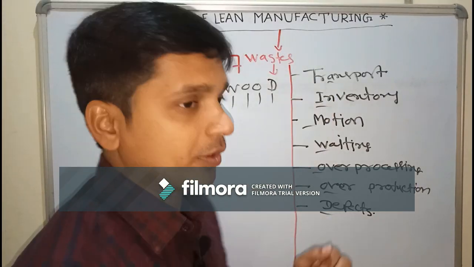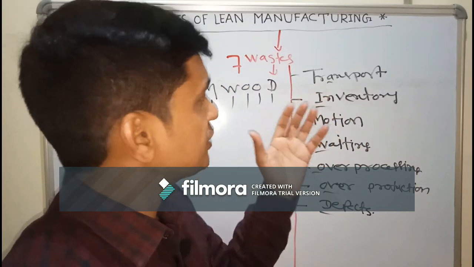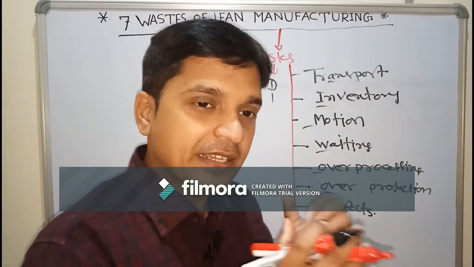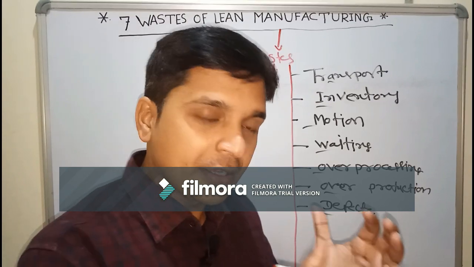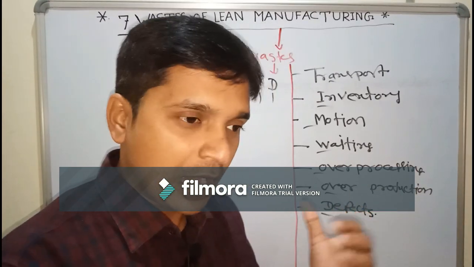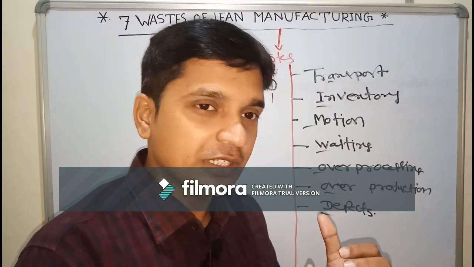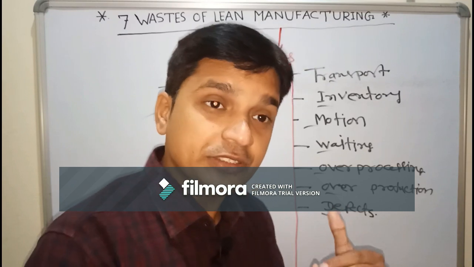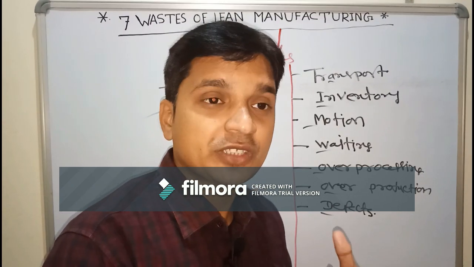First is transport. How is it a wastage? For example, if you are making a product and receiving material from a supplier who is very far from your company, that is transportation wastage.